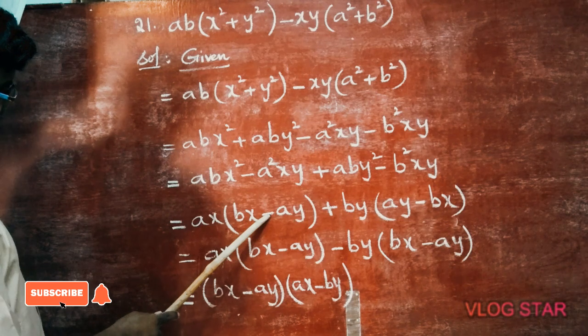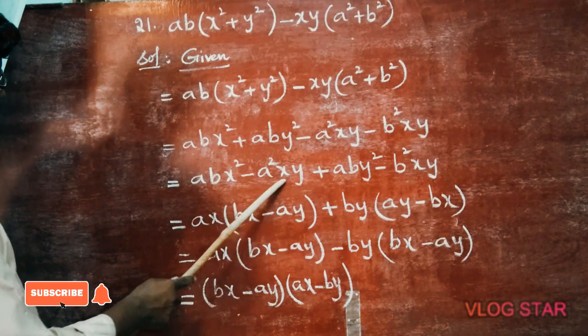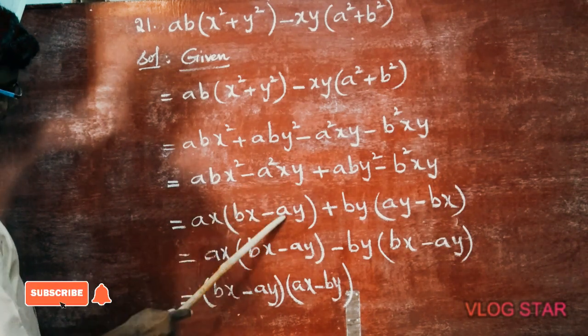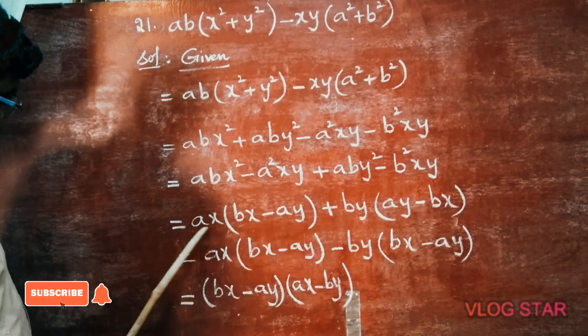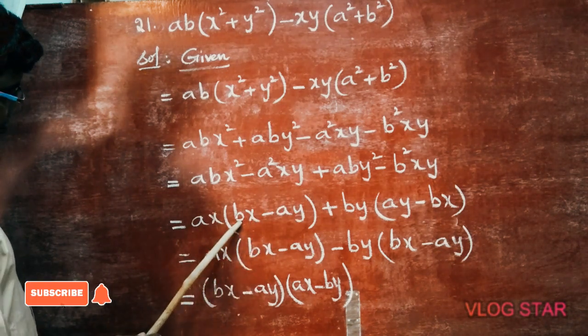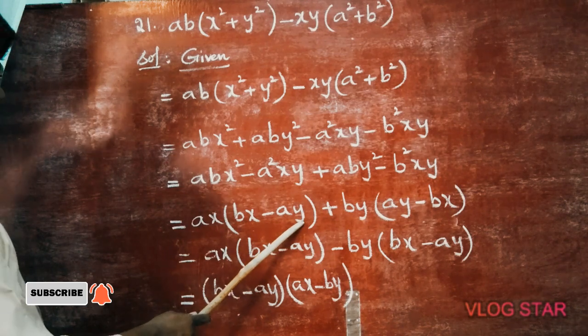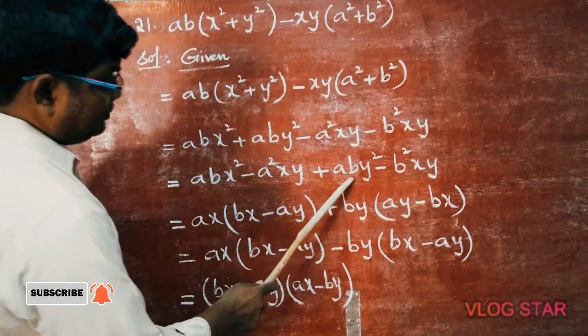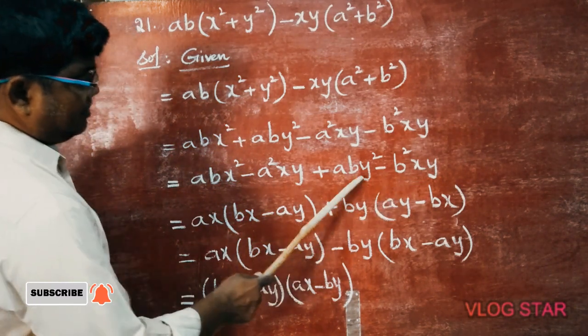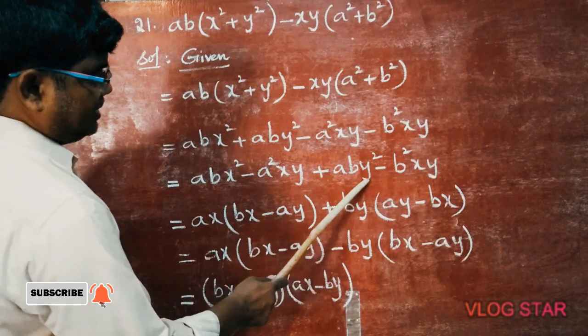Minus is there, right? Minus. Here one more ax where common is there, we took one a is left and y is left. So ax into bx minus ay plus, from the next two terms, by is common. Can you see clearly?